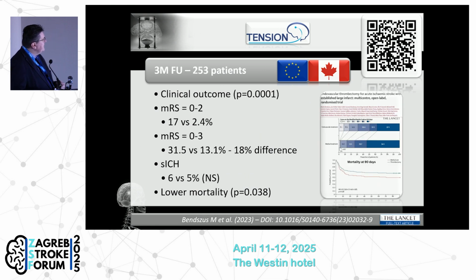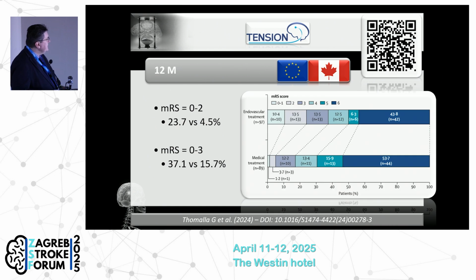But it was the result. As you know, we achieved better clinical results in the endovascular arm, and there was also a big difference if you compare clinical results mRS 0 to 2 as well as 0 to 3. So just independence from another person, there was an 18% difference. There was no significant difference in symptomatic intracranial hemorrhage in this trial, and we achieved significantly lower mortality. Yeah, so you can see it here.